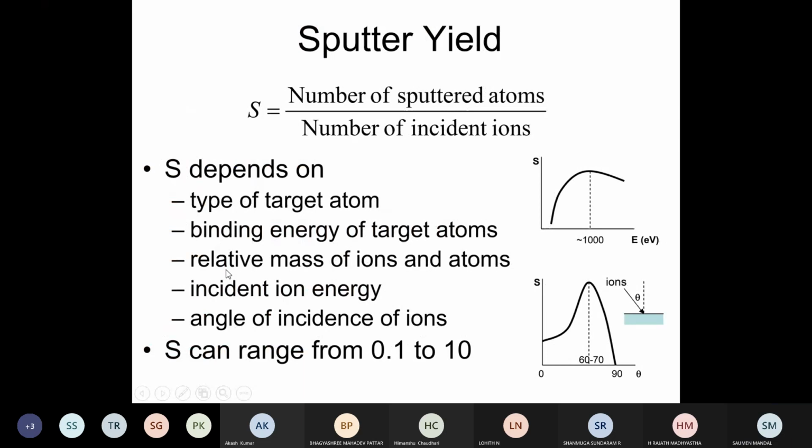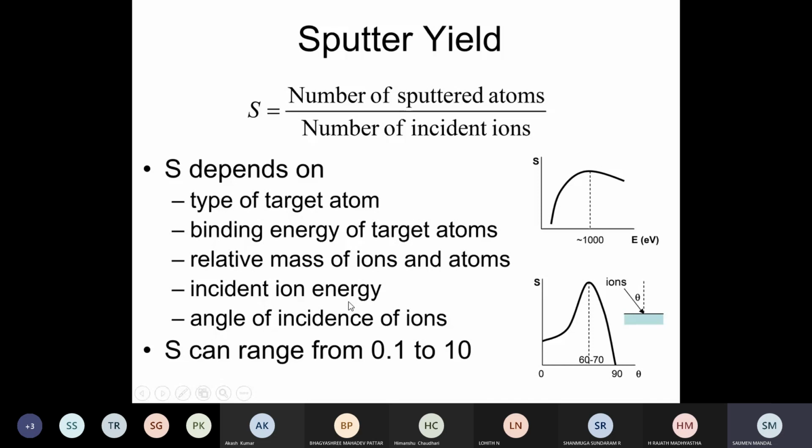Of course this is also important because every material has a different binding energy. And the type of target atom, since the ion is kind of argon, more or less fixed, the relative mass of the ion and the atom is important, because if we fix the ion, at least the target atom is changing, so that's why this is important.